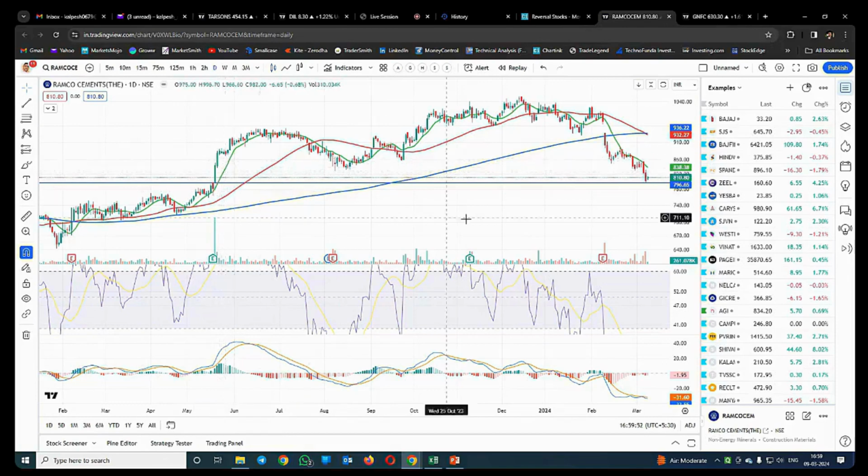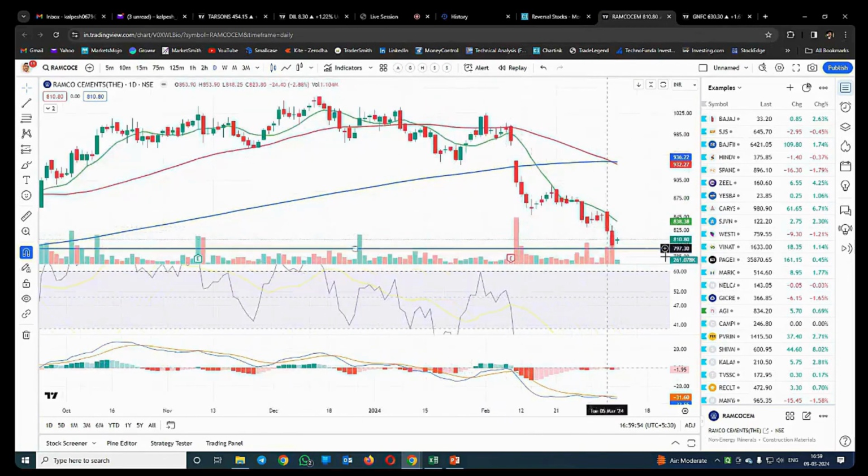This is a good level. Probably tomorrow at the opening we can have this as our buying price. And we can keep the stop loss at this level because price will come here to test. On the safer side we can keep it below this also.